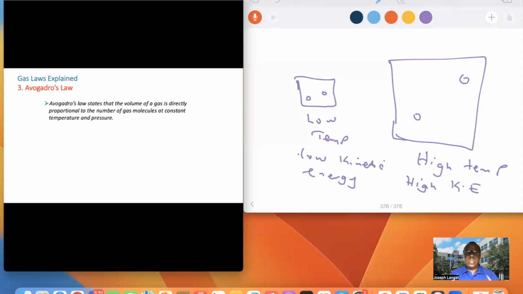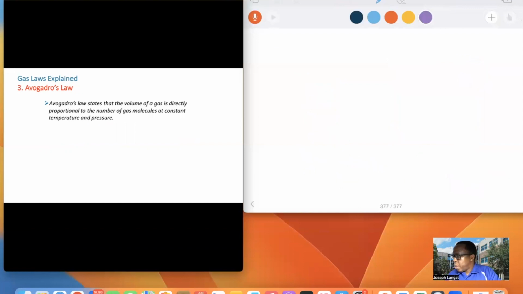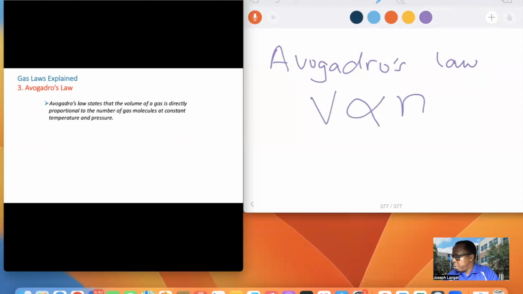Now, Avogadro's law, remember Avogadro's law states that the volume of a gas is directly proportional to the number of what? The number of gas particles. N is directly proportional in Avogadro's law. Volume is directly proportional to N, where N is the number of gas particles.